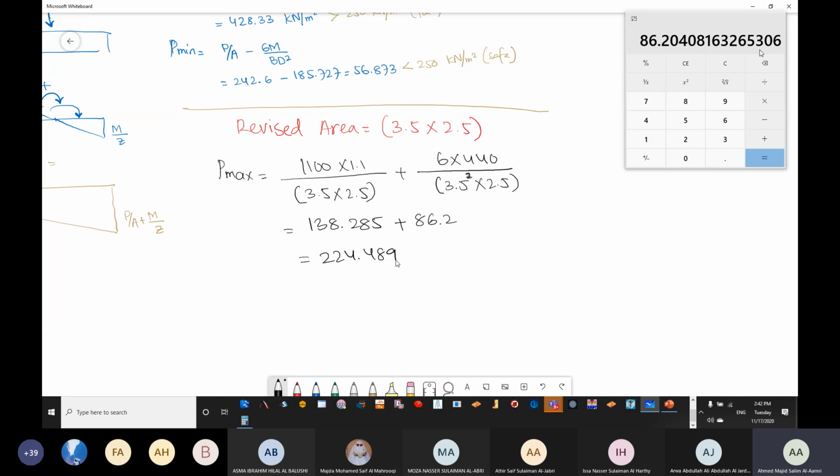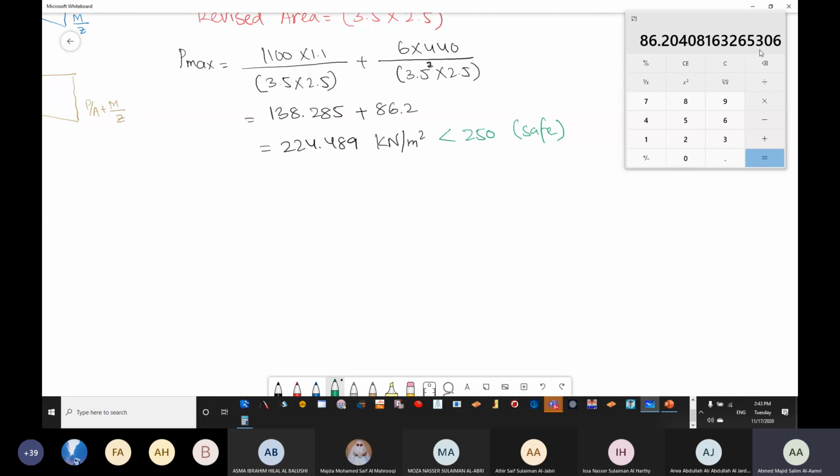This is in kilonewton per meter square. It is B into D square. B is the shorter direction, D is the bigger direction, so 3.5 is squared. Now, is 224 lesser than 250? Yes, this is lesser than 250, so it means that it's safe now.